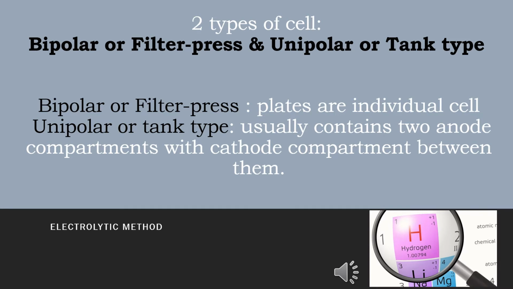The unipolar cells may be open or closed tank. In most installations, the oxygen produced is wasted unless it can be used locally. Hydrogen is also obtained from other electrolytic processes, for example, electrolysis of salt brine.